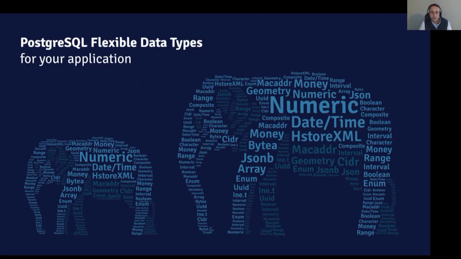And there are more specialty types for applying business rules. Boolean for true, false, on, off, and those can be represented in different ways. Arrays, bytea for binary data, XML, JSON for document type, hstore for key value pair, money, IP addresses, IPv4, IPv6, MAC addresses, and many more.